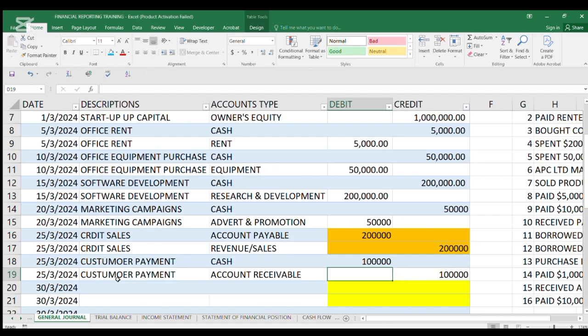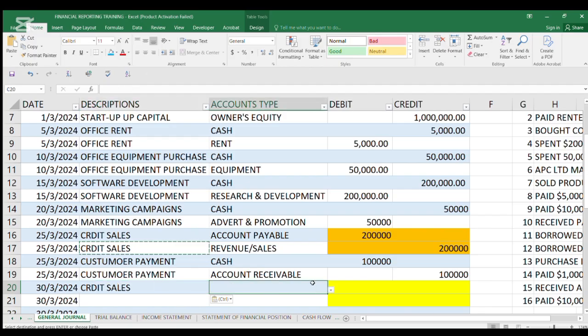So we'll now come here and say cost of goods sold, credit sales. This is credit sales again.